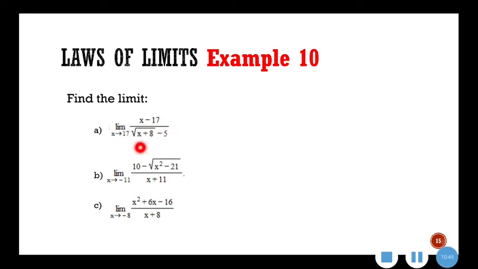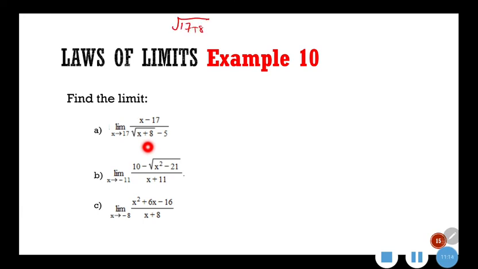So what you have to do is check the denominator first. So let's try substituting x with 17 into the denominator here. If you substitute x with 17, what you will get down here is the square root of 17 plus 8. 17 plus 8 is 25.